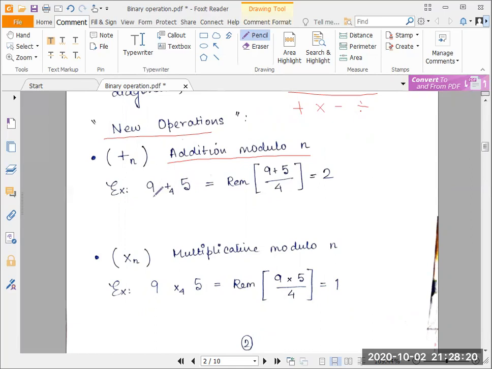Now, of course, since it's an operation, we need two elements, and the two elements that I've taken under consideration are 9 and 5. So I operate addition modulo n on the elements 9 and 5. The solution is, I first add these two elements, that is 9 plus 5. Then I divide by the n that I had taken under consideration.